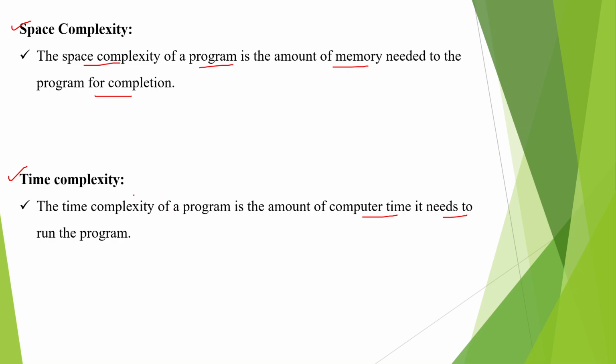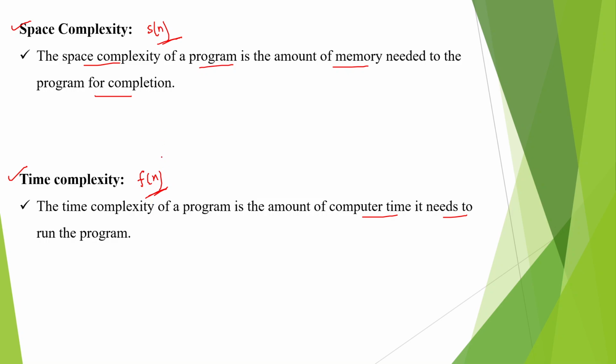Time complexity is the amount of time needed for executing a computer program, and space complexity is the amount of memory needed for completing a computer program. So these two terms, time complexity and space complexity, we analyze. Generally we denote space complexity as S(n) and time complexity as f(n). So these two measures we need to identify: how much space a program needs and how much time it needs.